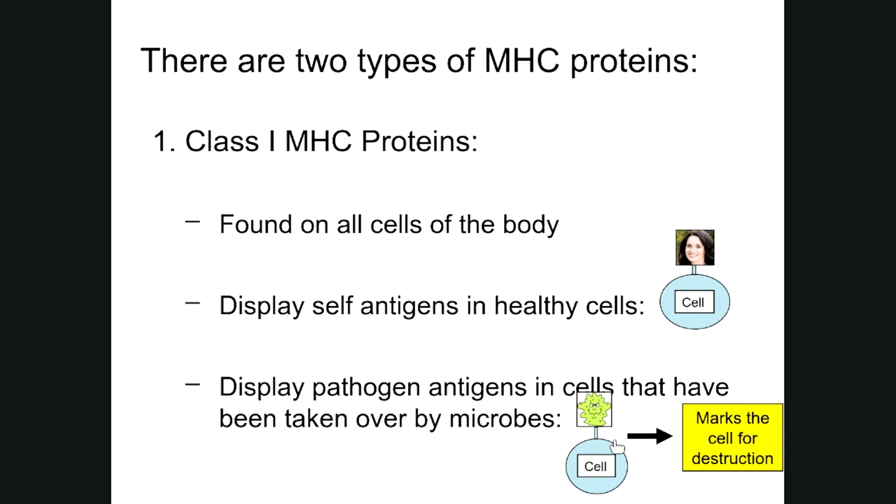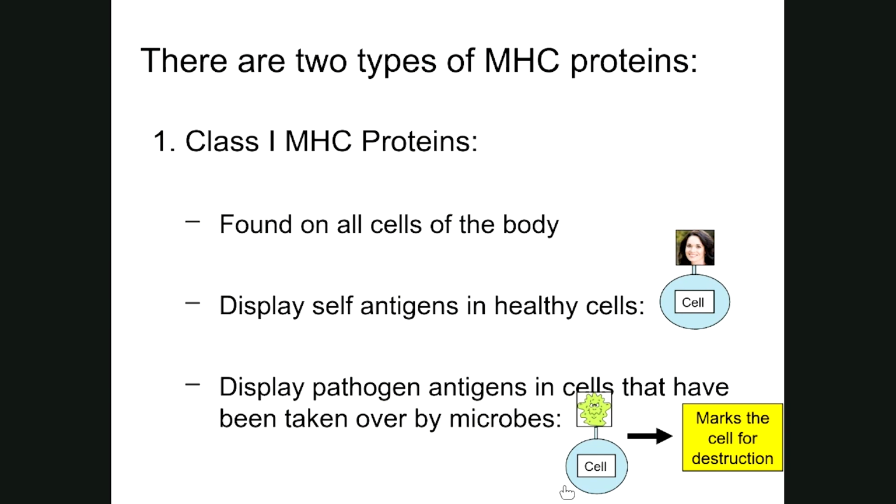And that viral DNA is going to change the shape of the self-antigen that's displayed on the MHC class 1. And all of a sudden, that flag that's displayed, if you will, or the self-antigen that's displayed on the class 1 MHC is going to look very different than a self-antigen.